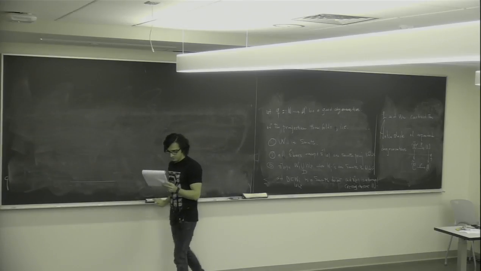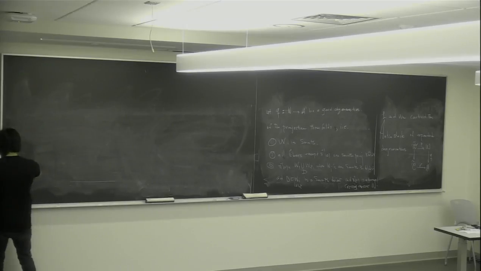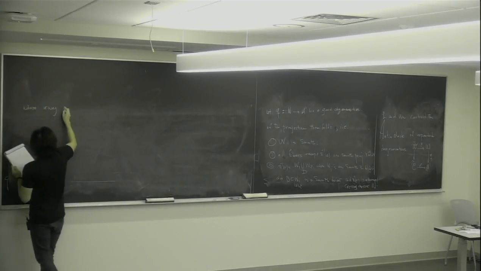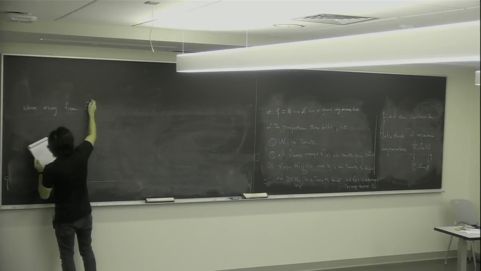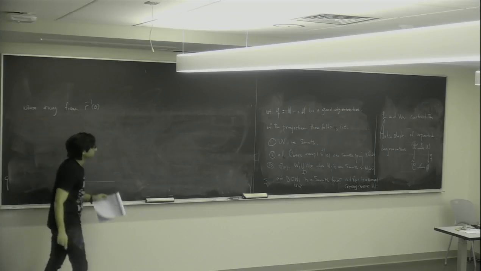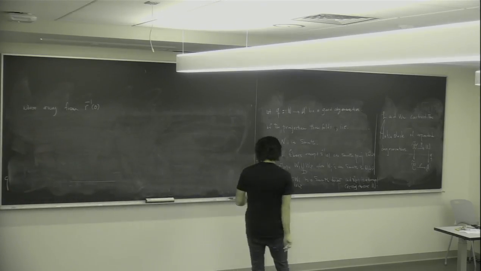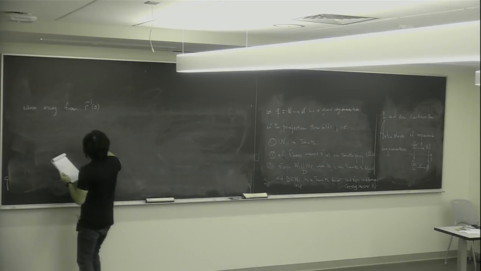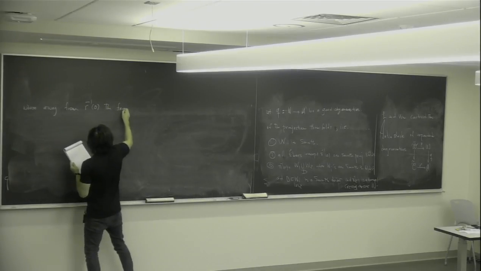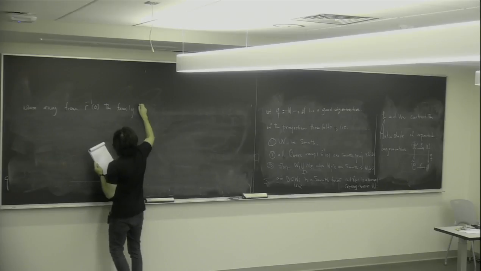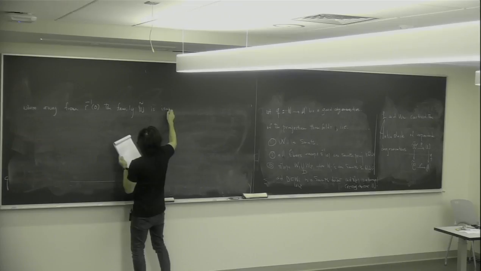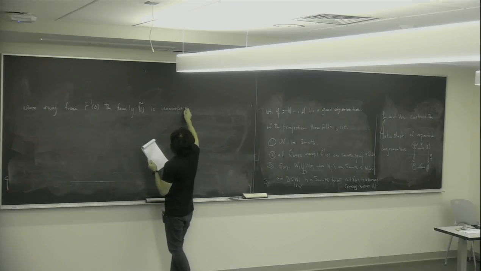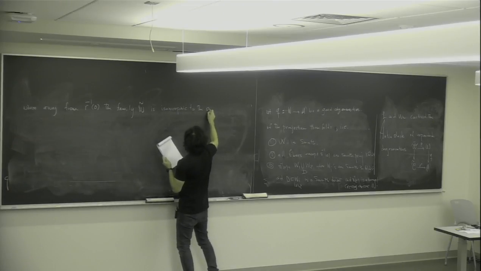I will tell you what the fibers look like. Away from R inverse of 0, the family W tilde is isomorphic to the original family.